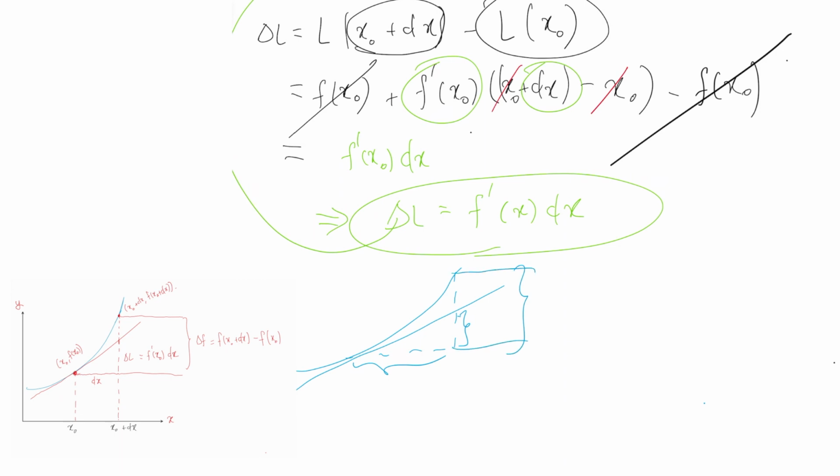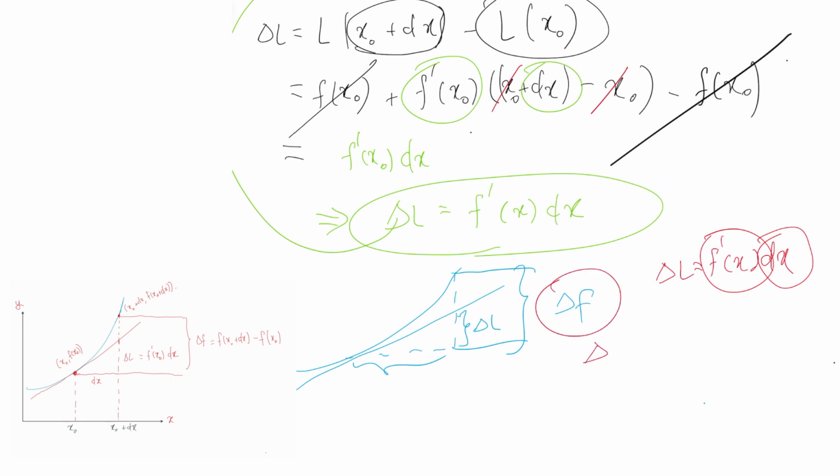So here's the change in y, all this, change in y or change in f, and here's the change in the linear approximation, delta L. And what we could say about all this is that the delta L is equal to f prime of x dx.